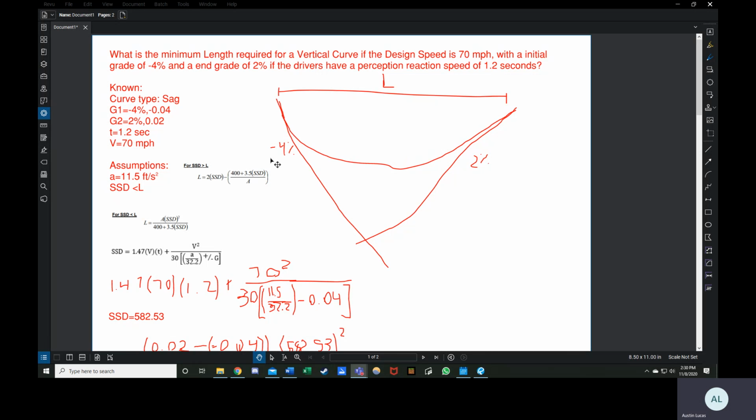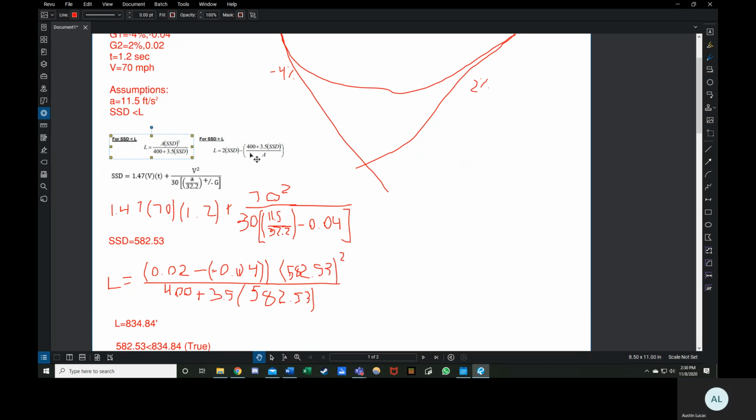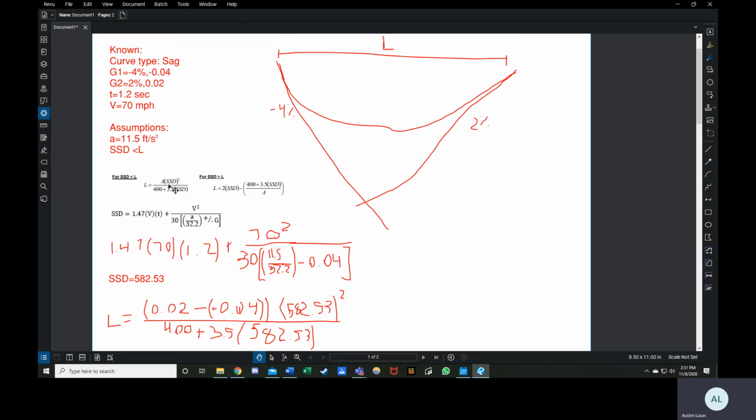So how do we find the length? These two equations involve length and help us find length. And these are just for sag curves. There are another two for a crest curve, but for this, we don't need the crest curve ones.